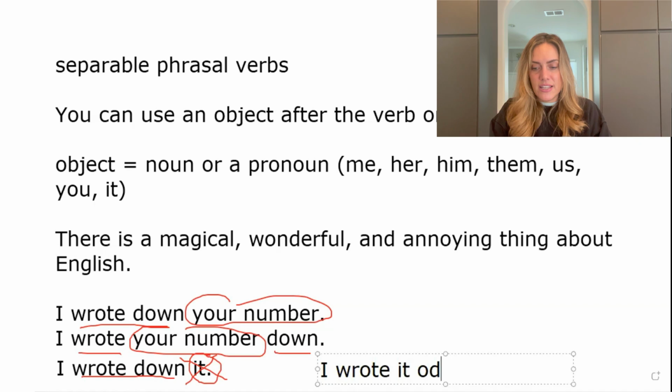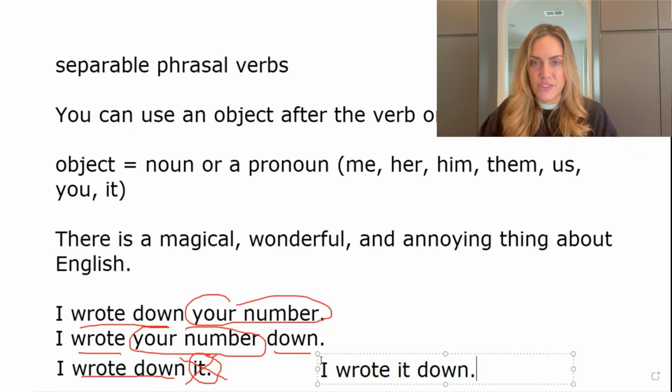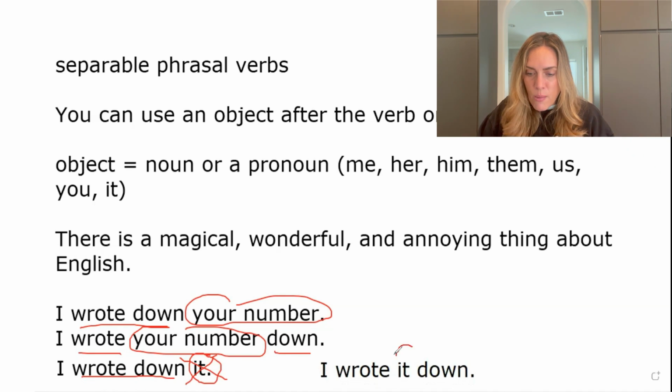Nope, you can't do that, okay? Unless it's a phrasal verb that has to be separated, which there are, but let's not get into that yet. What you can do is you could say, I wrote it down. Actually, what you have to do is this. You have to put the pronoun between the verb and the particle when you use a pronoun.